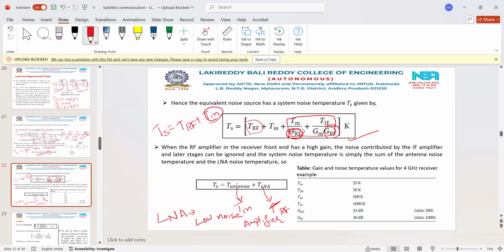So Tin is replaced by T antenna and TRF is replaced by TLNA. Therefore, the system noise temperature is given by TS equal to T antenna plus TLNA.